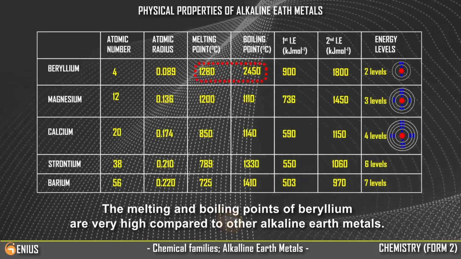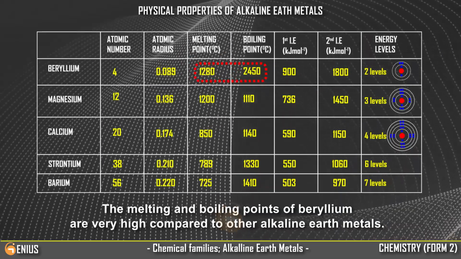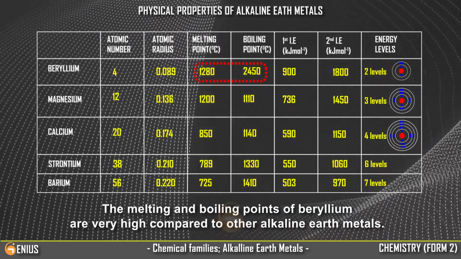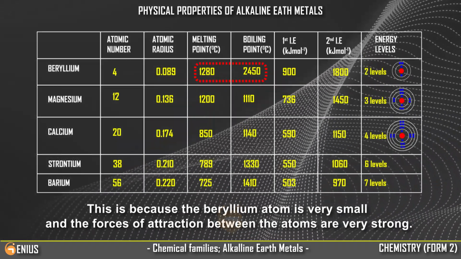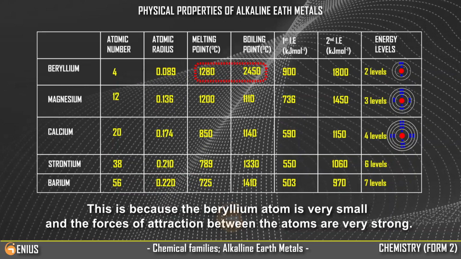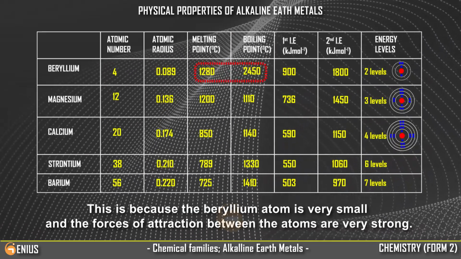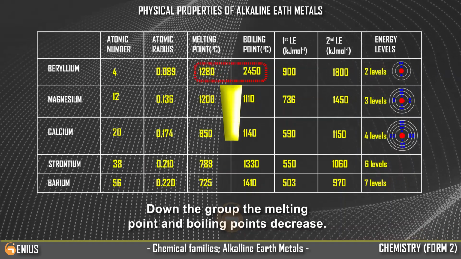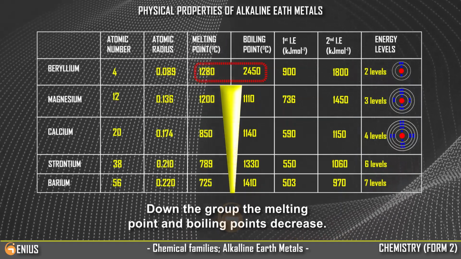The melting and boiling points of beryllium are very high compared to other alkaline earth metals. This is because the beryllium atom is very small and the forces of attraction between the atoms are very strong. Down the group, the melting point and boiling points decrease.